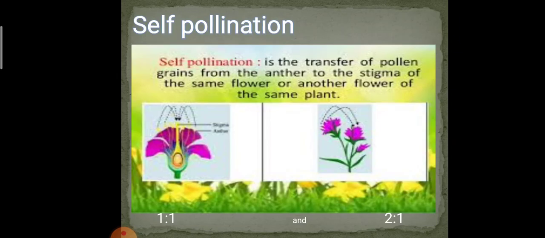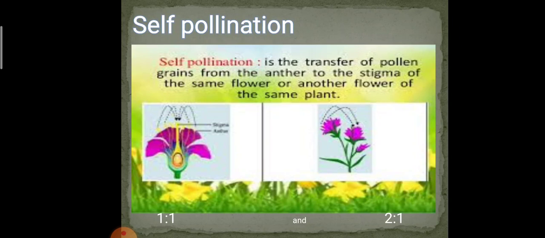First we will discuss self-pollination. What is meant by self-pollination? Self-pollination means the transfer of pollen grain from anther to stigma of the same flower or another flower of the same plant. In the first diagrammatic representation, 1:1, you can observe transfer of pollen grain from anther to stigma of the same flower of the same plant.